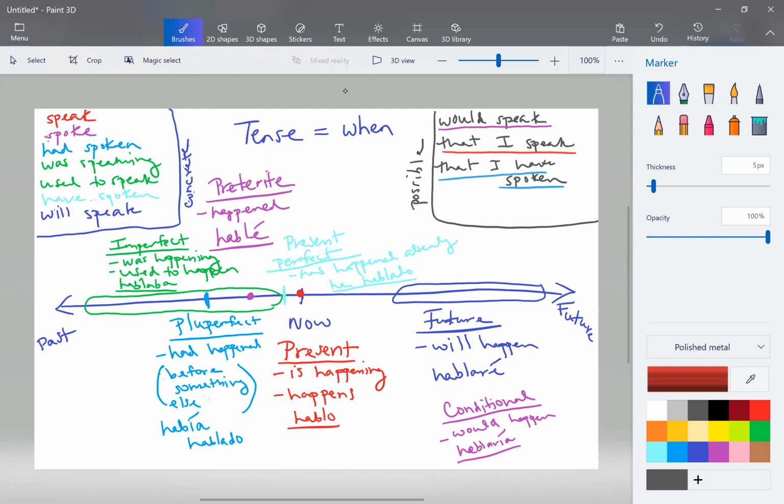I don't know where I'm going to fit this. Just put it up here. Subjunctive. That it happened.